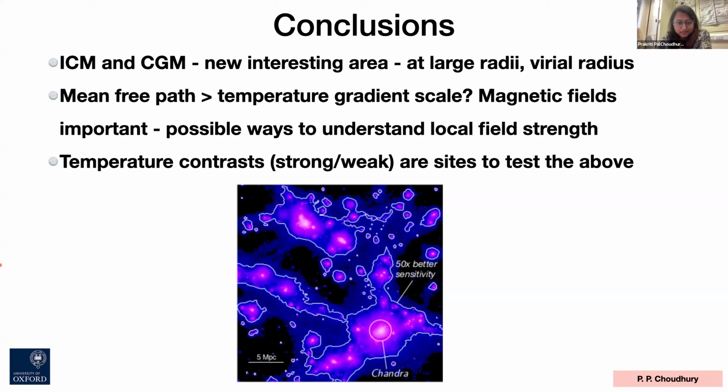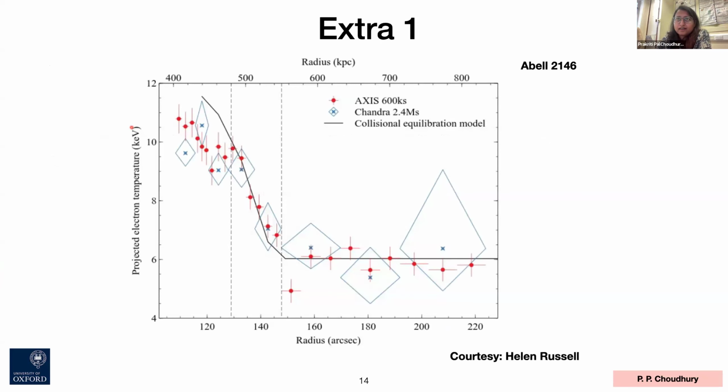I'm not really an observer, so what I was interested in was basically the resolution that AXIS can get to, thanks to Helen. For example, I got interested that the shock region can be resolved, and the physical length scales and the angular resolution are in the right ballpark for AXIS.